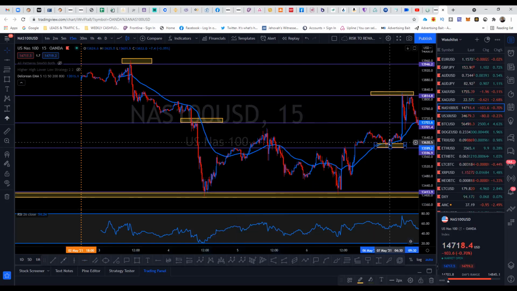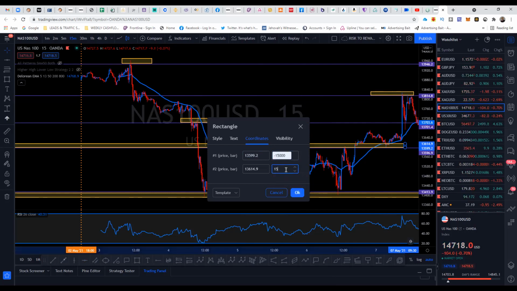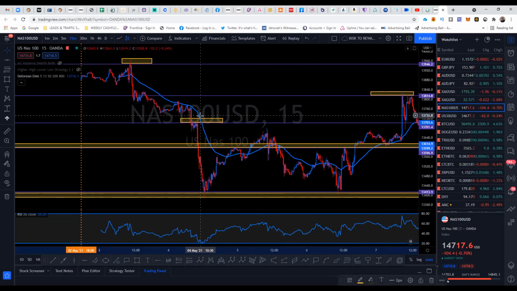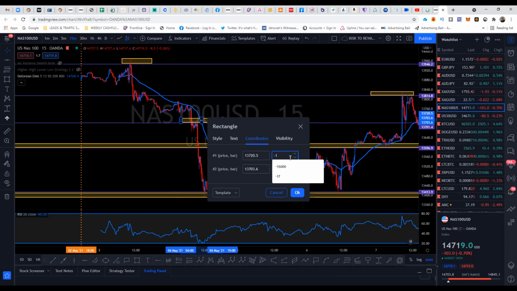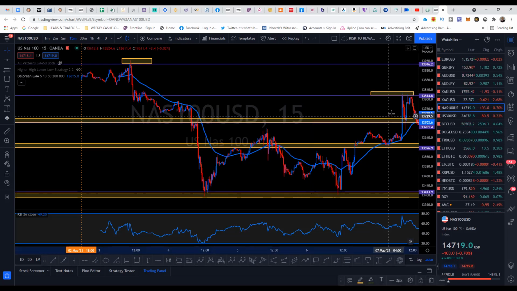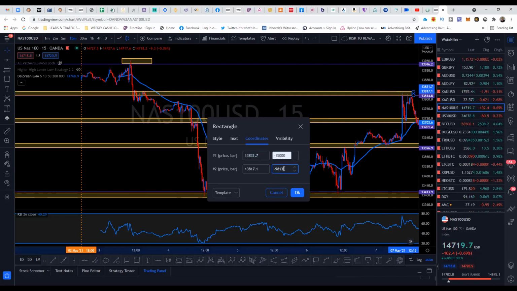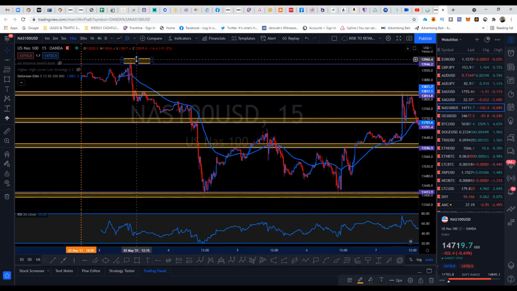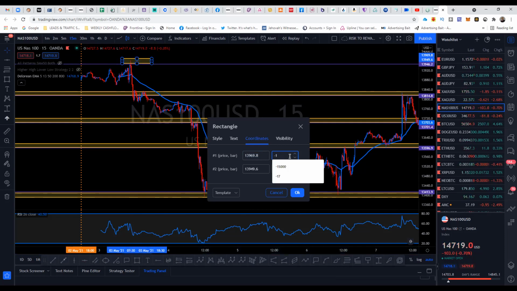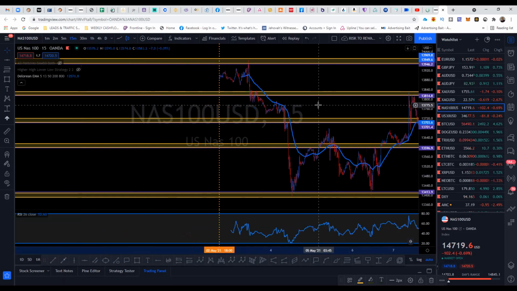I'll just leave them where they are. Right, so we have all these zones marked up to this point. Now I've got that drawn up.